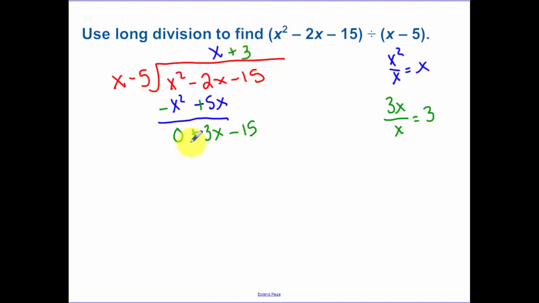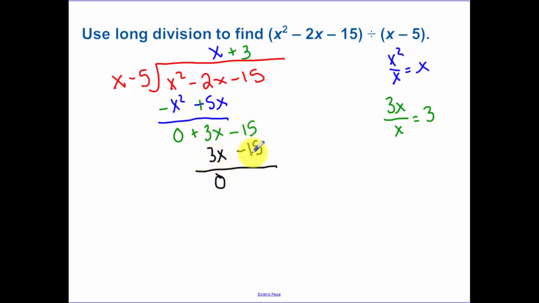Now plus 3 times x, that's 3x. 3x times a negative 5 is a negative 15. Remember you're subtracting. You can use my trick where you change all the signs and then add, or you could think about it as 3x minus 3x is 0.